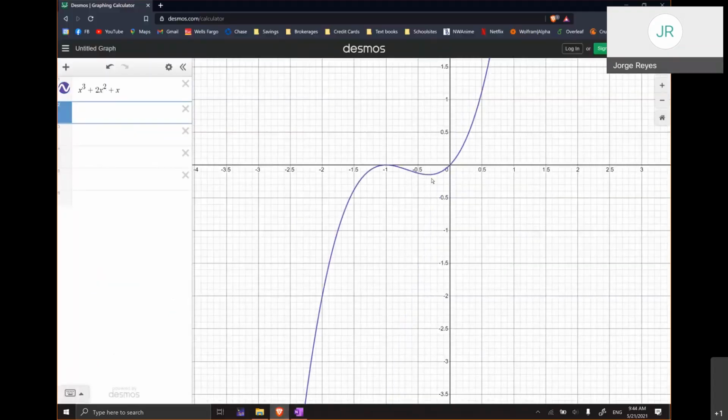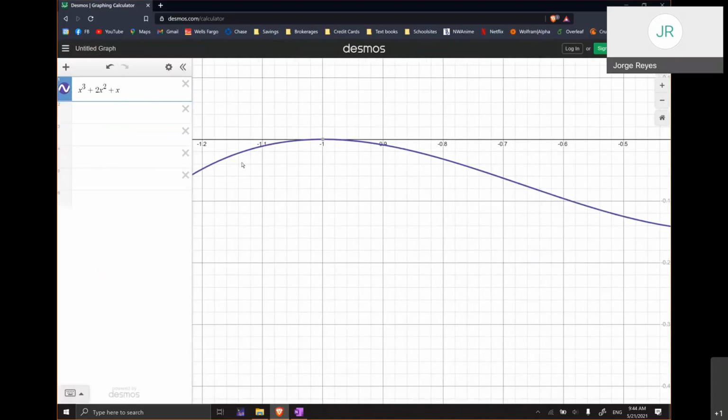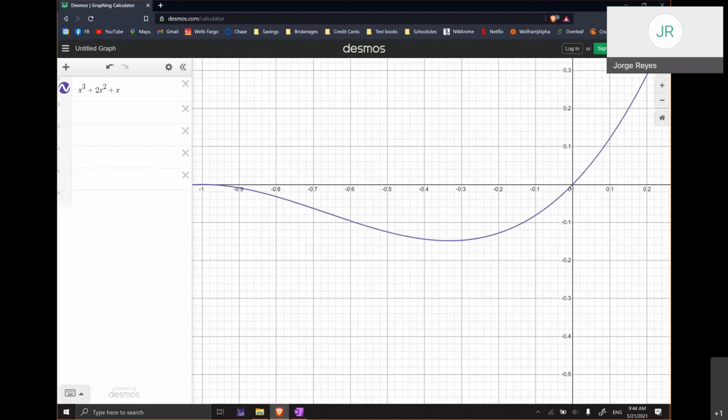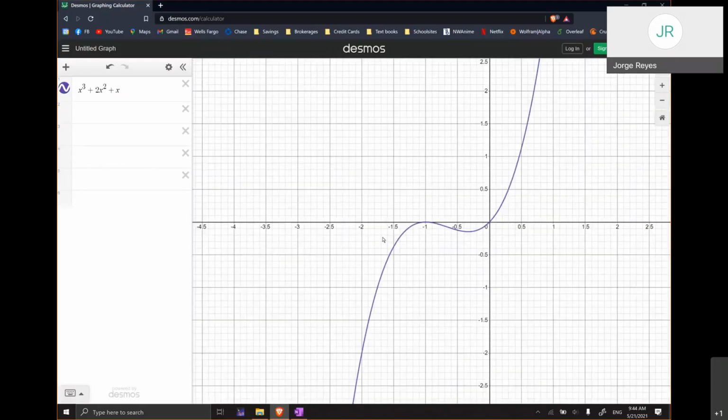There you go. All right, there, and so you see that, right, it does. It just goes up there, hits negative 1 at the x-intercept, but it doesn't cross. It just goes back down. And then here, we actually do cross. So that's how you only get 2 zeros, okay?